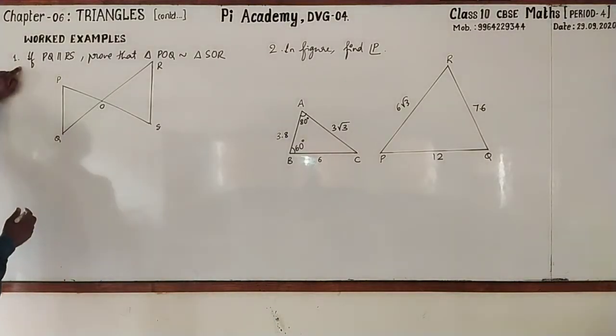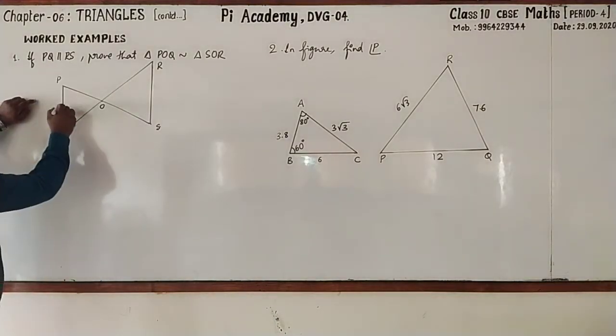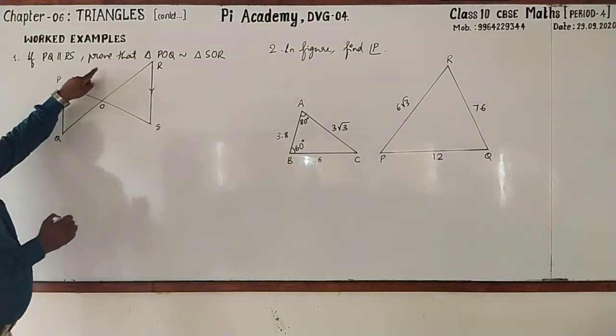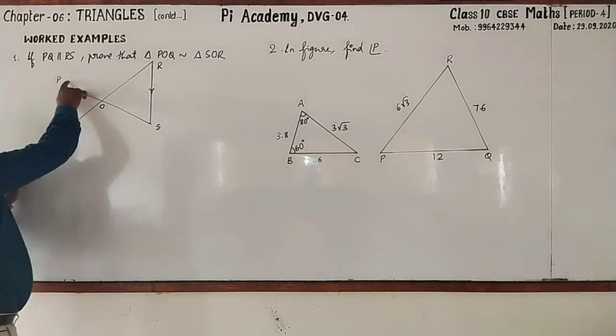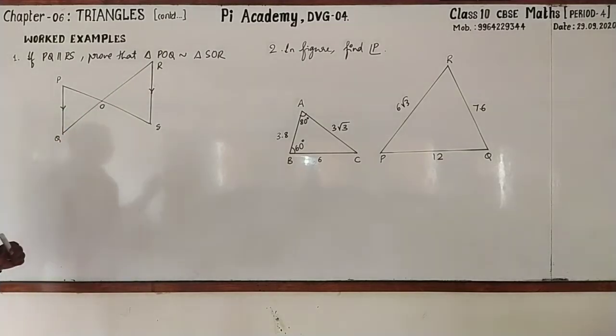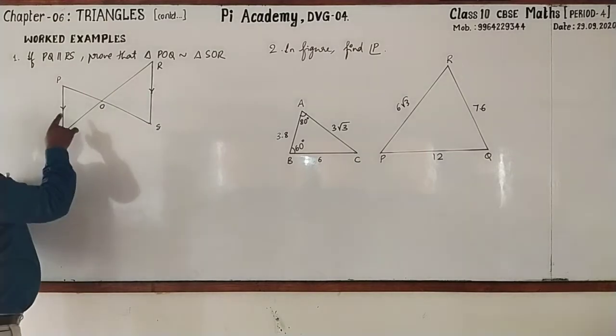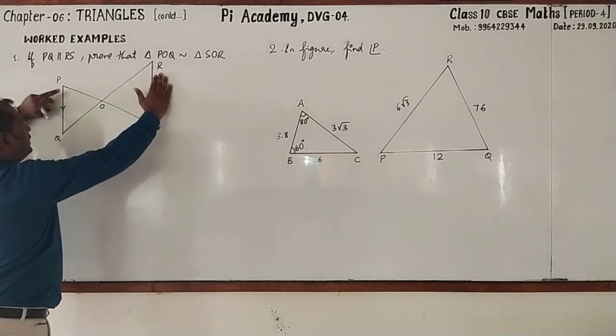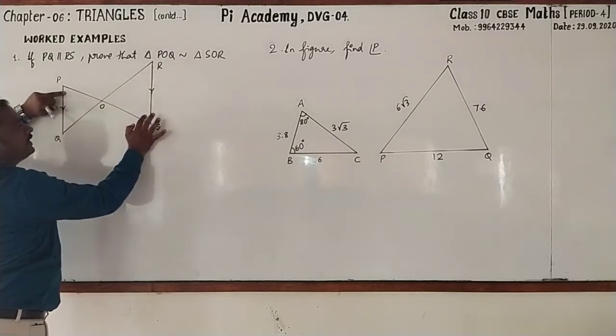First one, here in this figure they have given PQ is parallel to RS, right? Then we have to prove that triangle POQ is similar to SOR. Is it not simple? Definitely. How? Observe this one. As these two are parallel, can you say that angle P equals angle S?